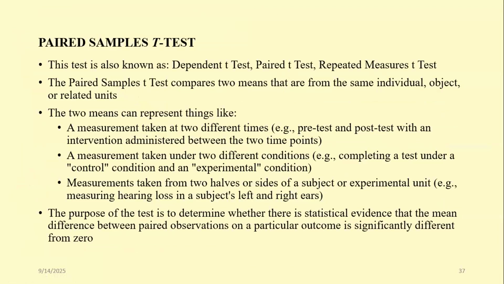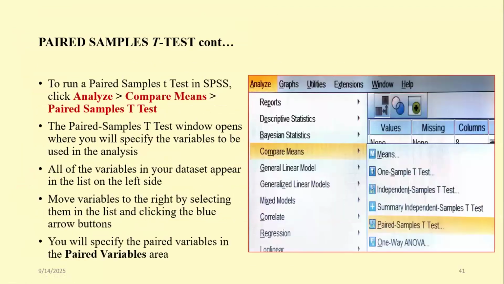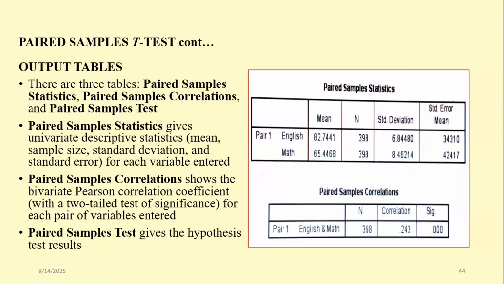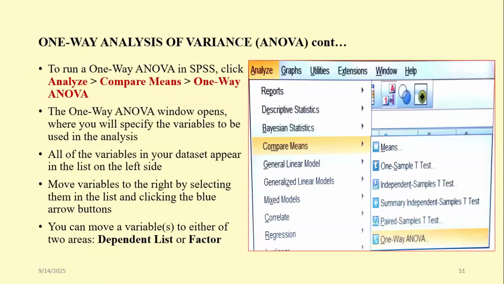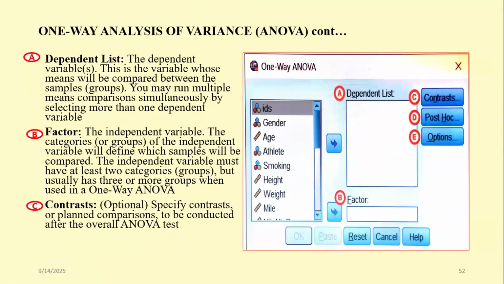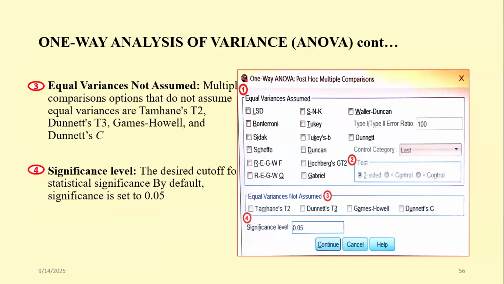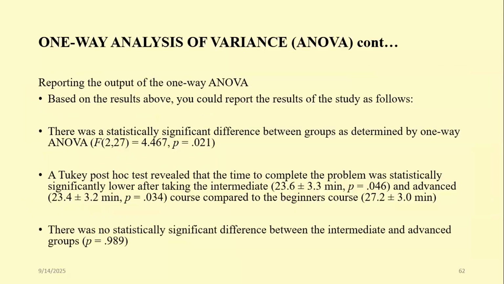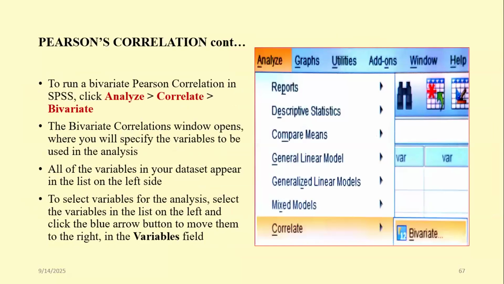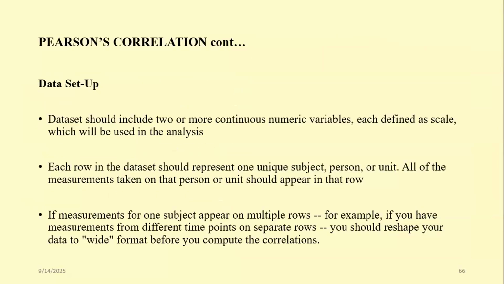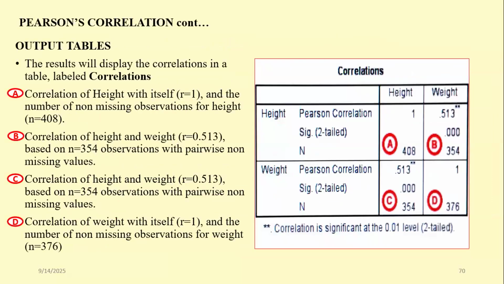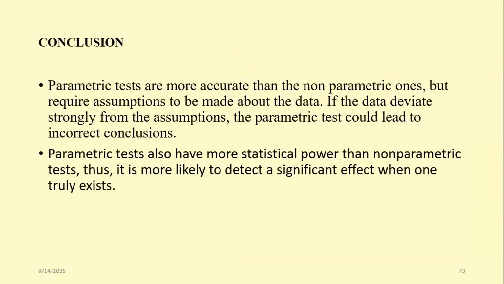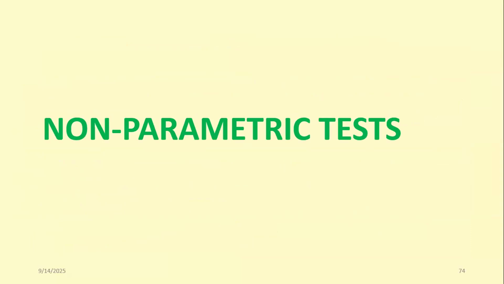Then the paired t-test, I've also done it and explained everything. Then one-way analysis of variance, I've done it. Pearson's correlation, I've done it. So that is for parametric tests.